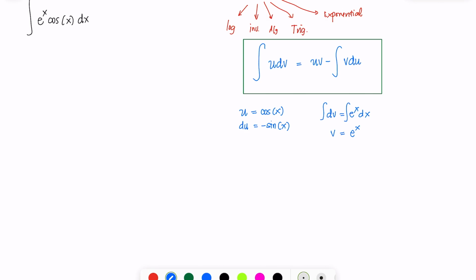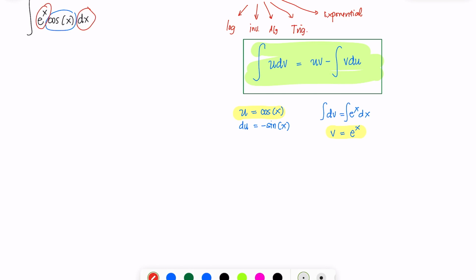So based from here, we have now identified our u and our v, and so is our du and other things. So we can now utilize the integration by parts. That means to say that this one is my u and this one is my dv.